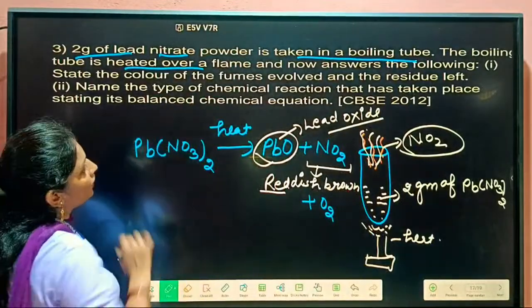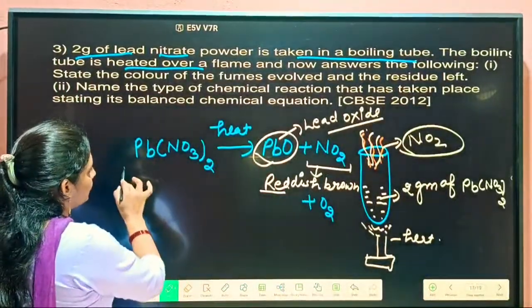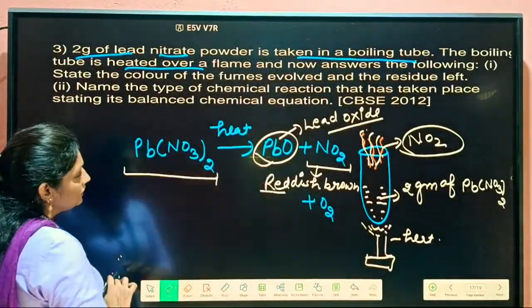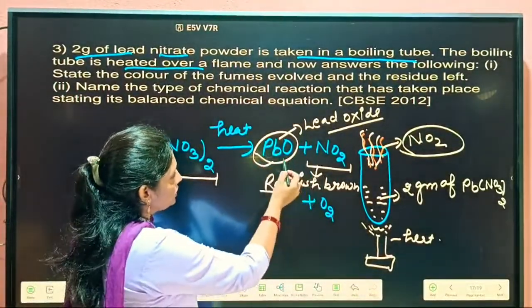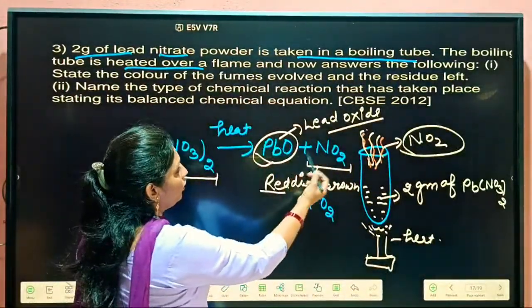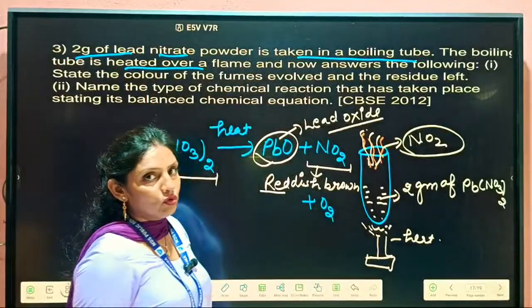Name the type of chemical reaction. Students, here you are having a single reactant and it is going to decompose into many. It is going to decompose into 3: lead oxide, NO2 and O2.